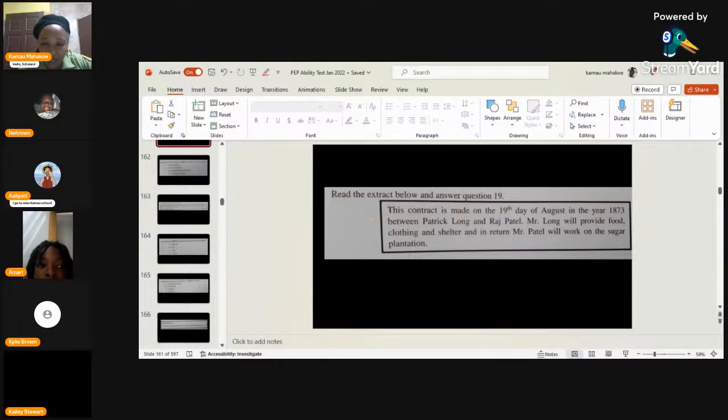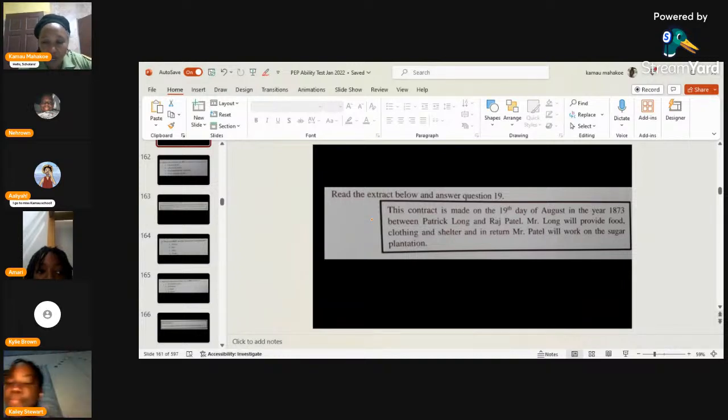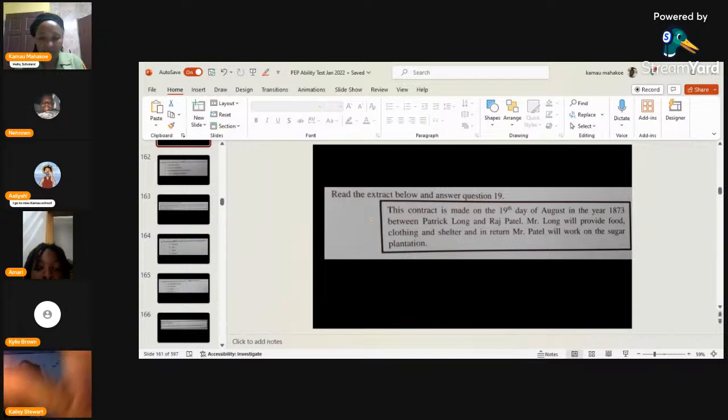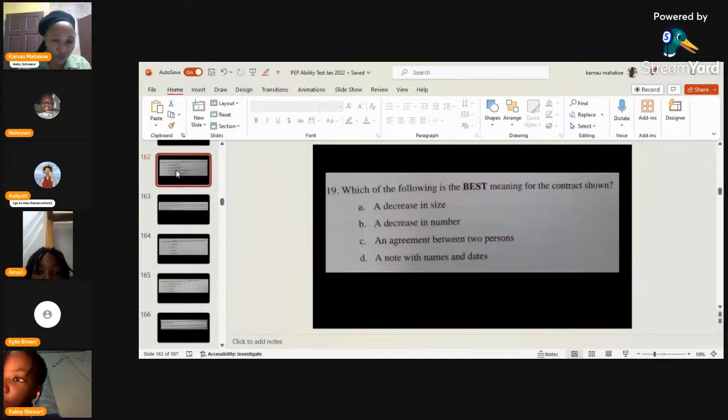The East Indian will come to work on the sugar plantation, and in return he's going to get food, clothes, shelter, maybe a little bit of money, in return for his labor. So definitely it is indentureship, indentured workers.